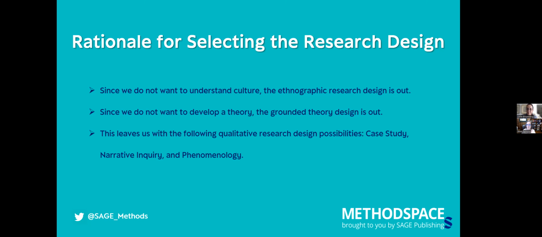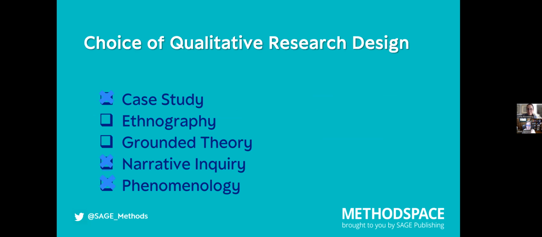And that's what we're going to focus in on for the rest of this presentation, looking at data collection methods for the case study, the narrative inquiry, and the phenomenological research design. So ethnography and grounded theory, we're not going to talk about today. We're going to stay with case study, narrative, and phenomenological research designs.